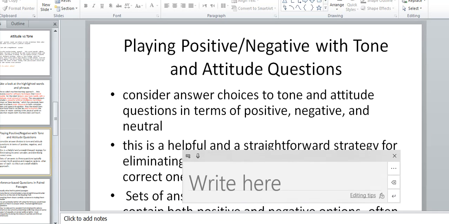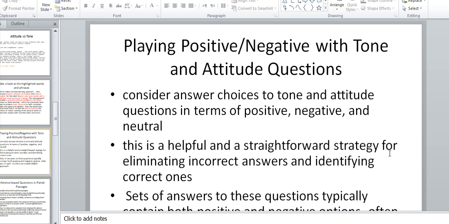Now, playing positive, negative with tone and attitude questions. What do we mean by that? Well, basically, as I said before, if the words are leading towards praising the subject or the topic, then most probably they are positive words. So we have to look for positive answers. As for the negative ones, same thing applies.